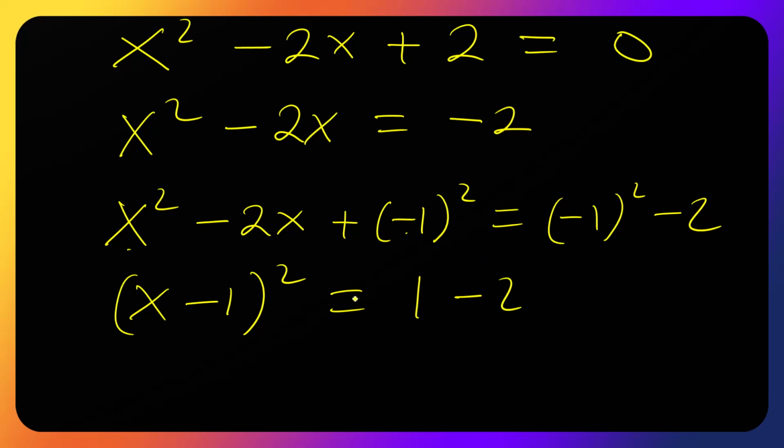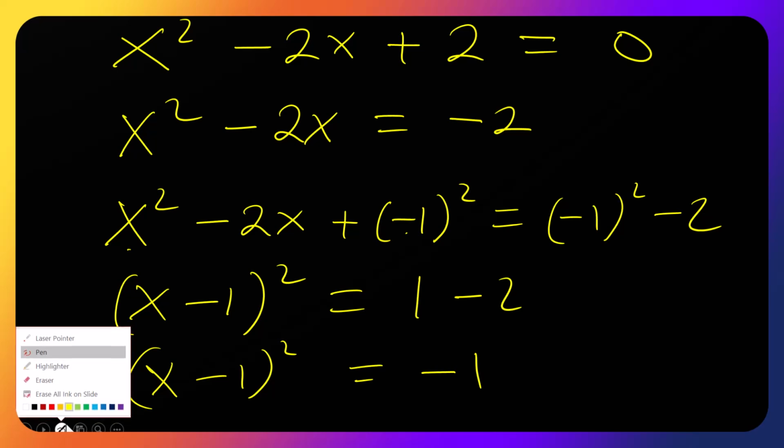Okay, so from here, x minus 1 all squared is minus 1. So let's take square root on both sides.